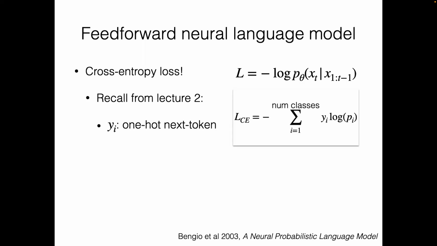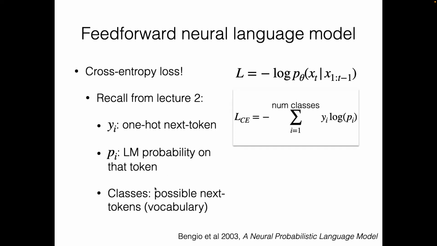So in our case, with language modeling, y_i is a one-hot vector, and it'll be 1 for the next token in the training data. And p_i is the probability output by the language model on that token. Instead of classifying into positive, negative, neutral, now our classes are the possible next tokens, so the vocabulary.